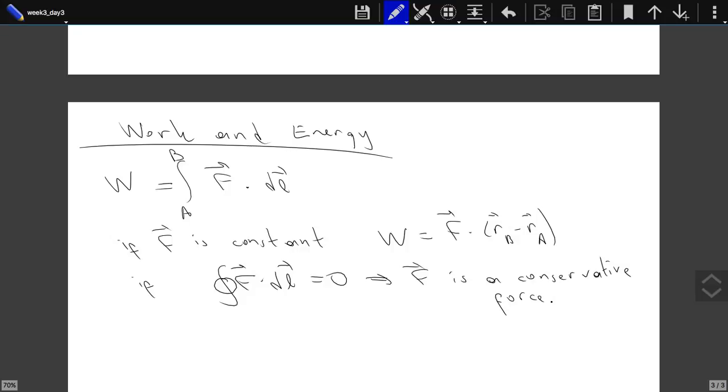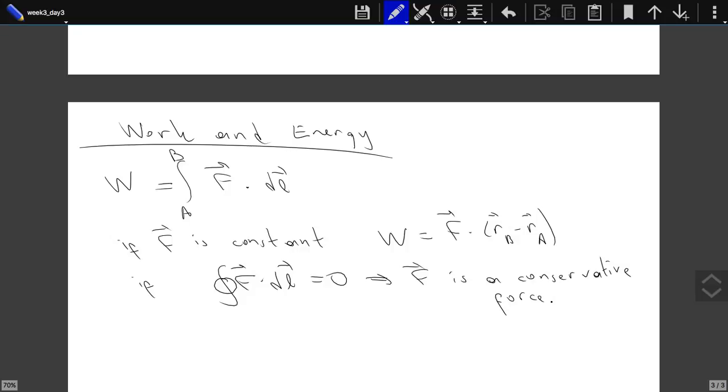If I just release my hand, I can get back this potential energy, and it will be converted into kinetic energy, which I can use to do some work. So if you have a conservative force, you can use it to store energy.